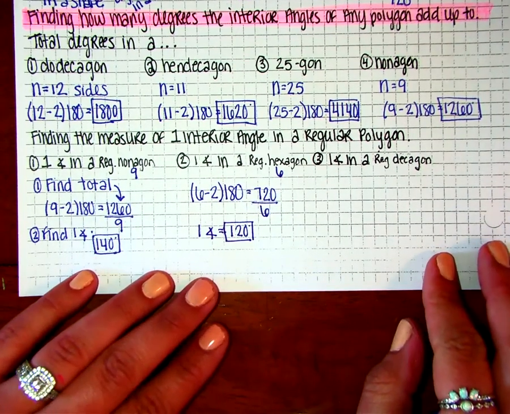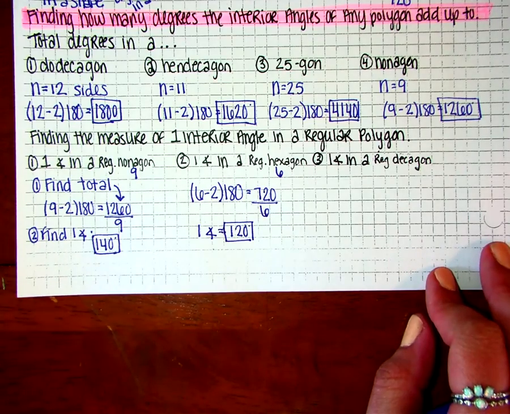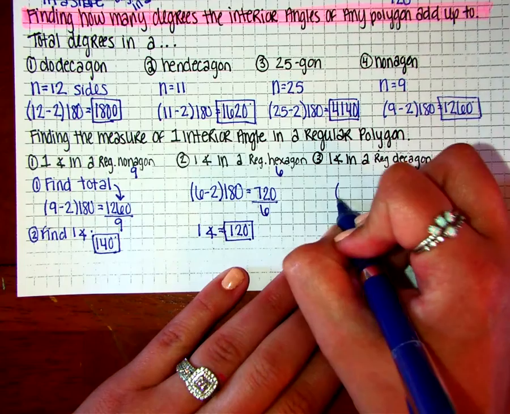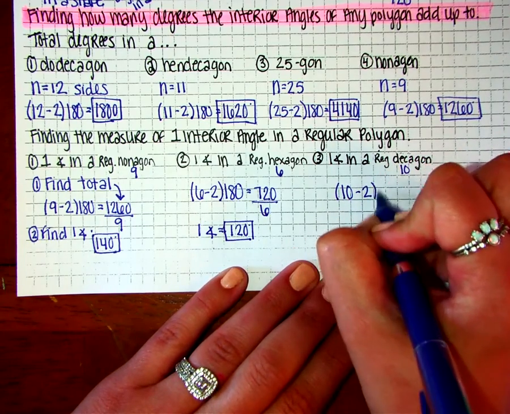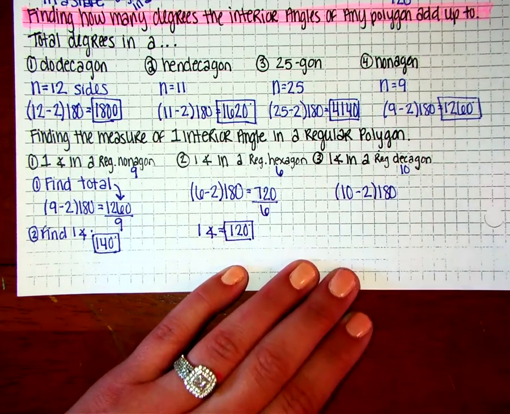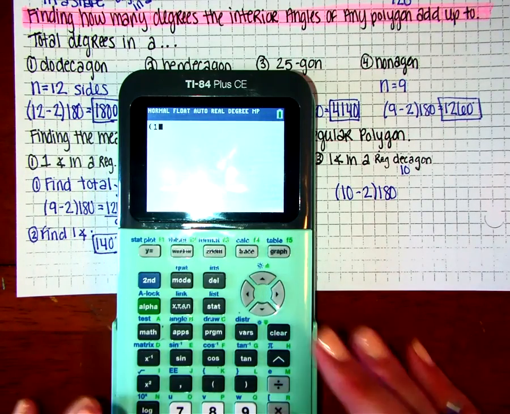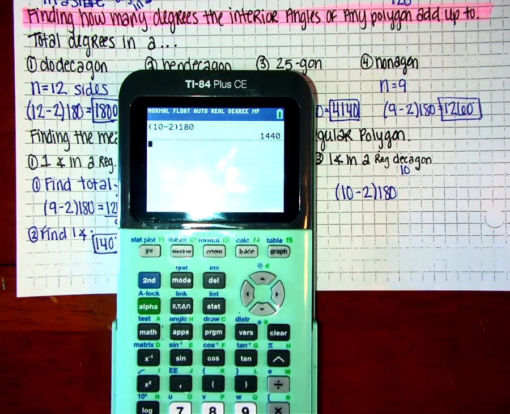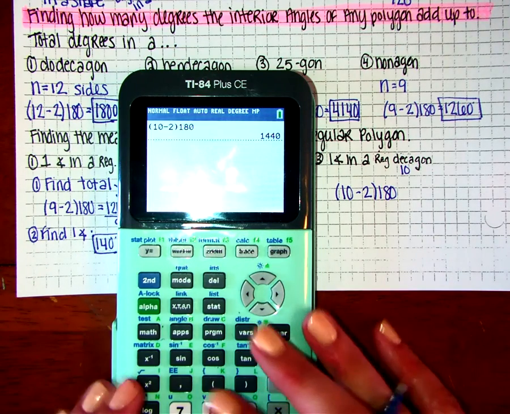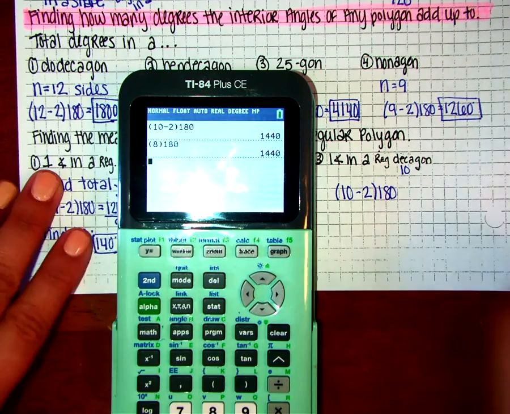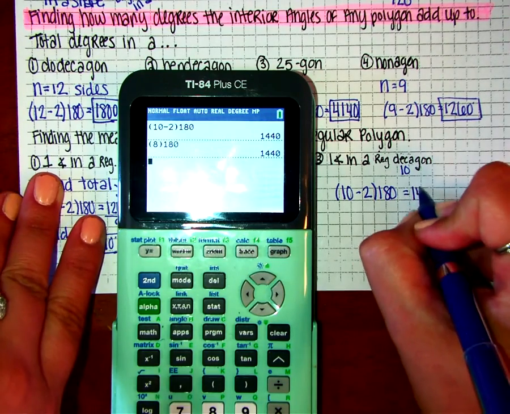Let's try the last one. One angle in a regular decagon. Decagons have 10 sides. So again, I need to find the total before I can break it apart. So 10 minus 2 is 8. You can do 10 minus 2 times 180 all together, or you can do 10 minus 2 is 8 times 180. You can do it either way, whichever is faster for you.